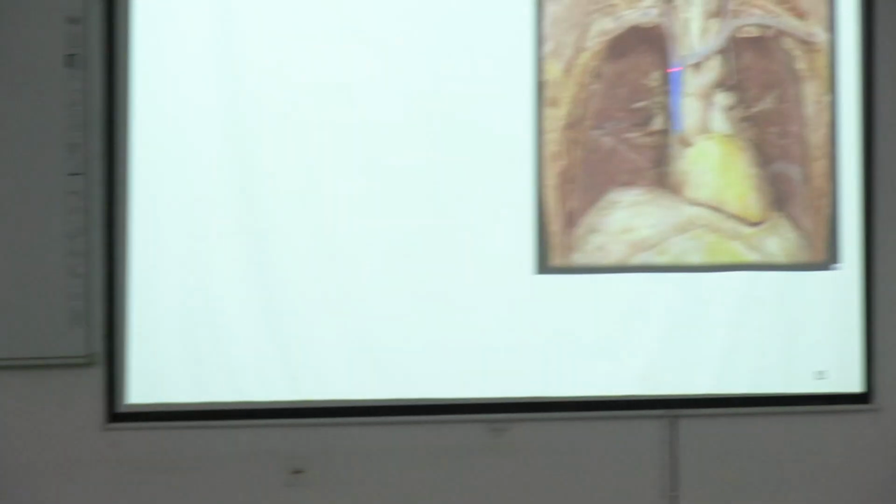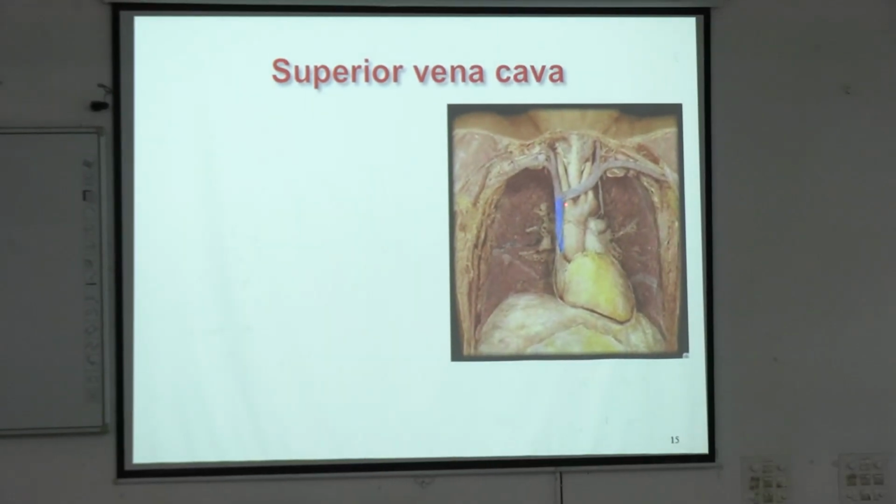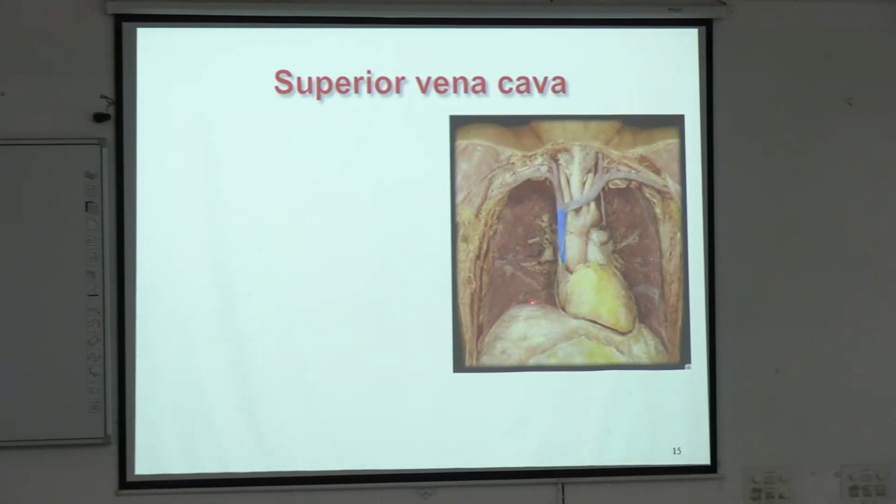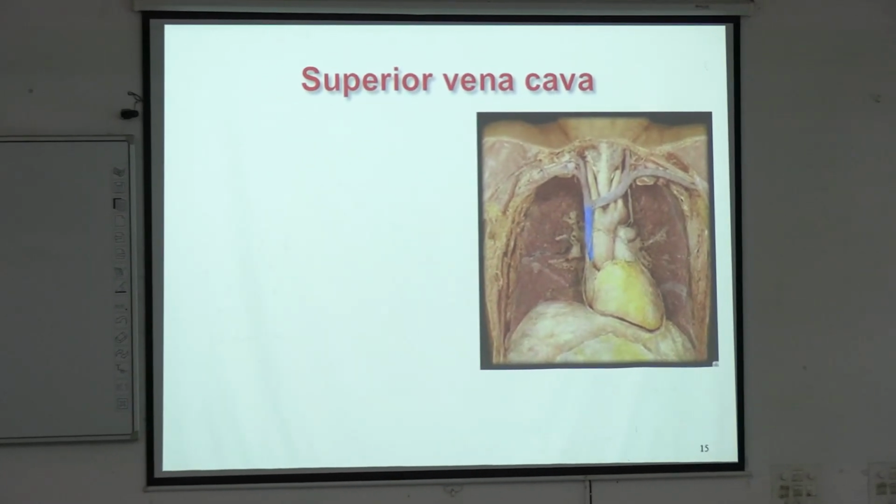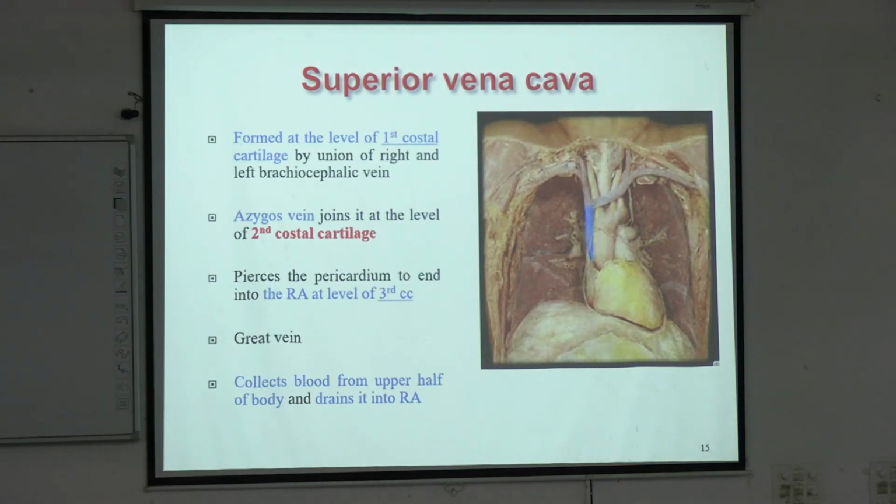So this union point is at the level of the first costal cartilage, and where it ends is the third costal cartilage. So between the first costal cartilage and the third costal cartilage is the entire length of the superior vena cava. You have to narrate how the superior vena cava is formed. At the level of the second costal cartilage, it is receiving a vein we call the azygous vein.